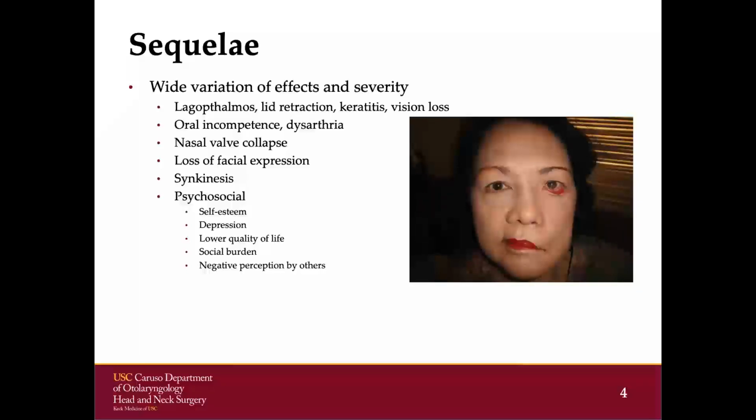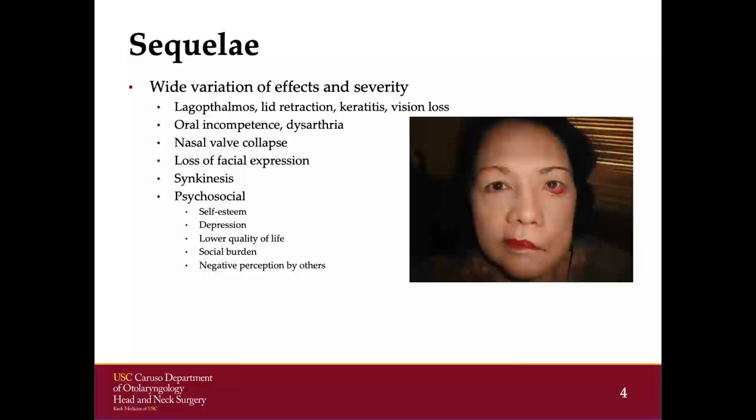And with the ocular components, you can have lagophthalmos, lid retraction, inflammation of the eye or keratitis, and ultimately vision loss if it's not well managed. Oral incompetence, dysarthria, problems with mastication can also ensue, and also nasal valve collapse and nasal obstruction can happen because of the denervation of the dilator naris and also the levator labii superioris. And then, of course, there's a loss of facial expression.